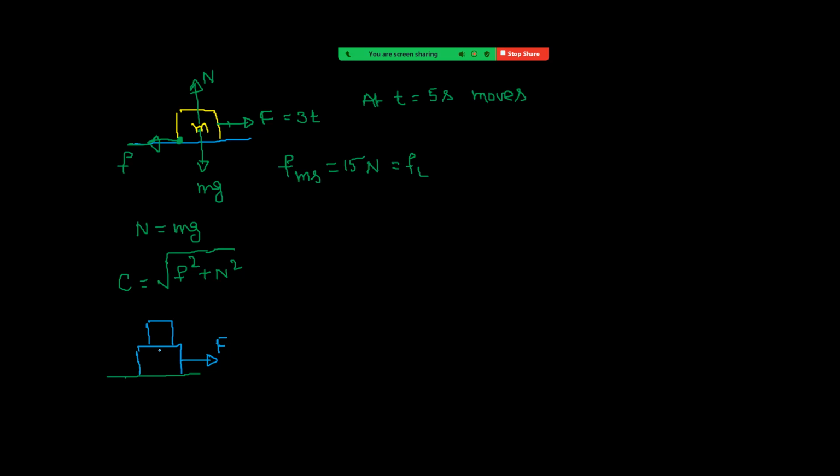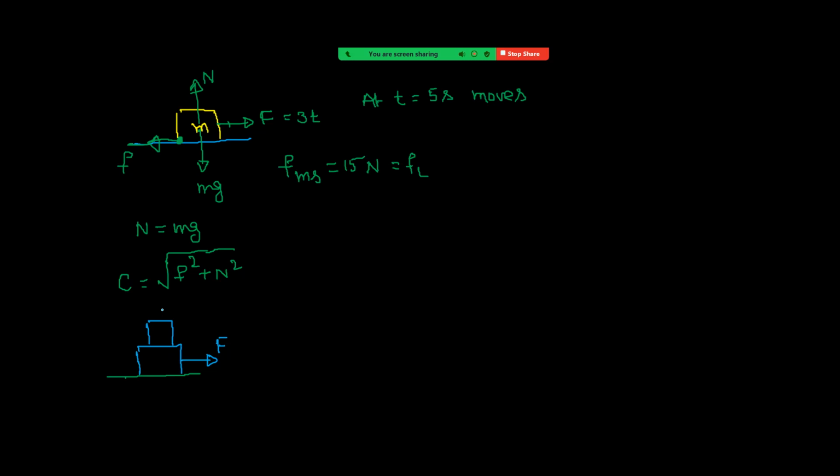So we are saying that friction is static if a block is at rest with respect to the contact surface. I am repeating. We say that friction is static if a block is at rest with respect to the contact surface.